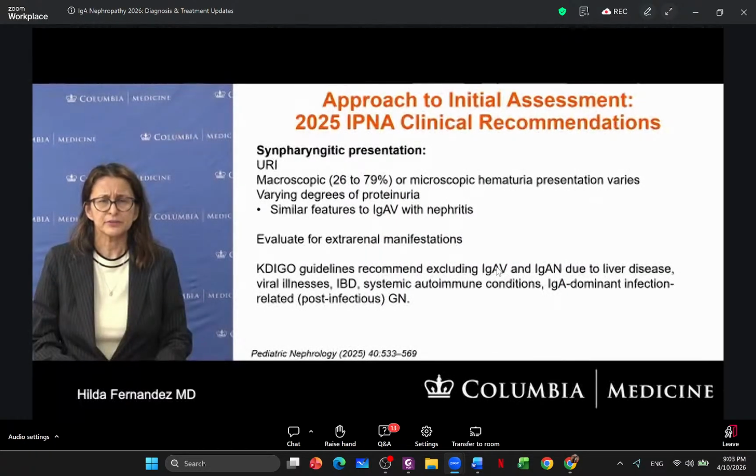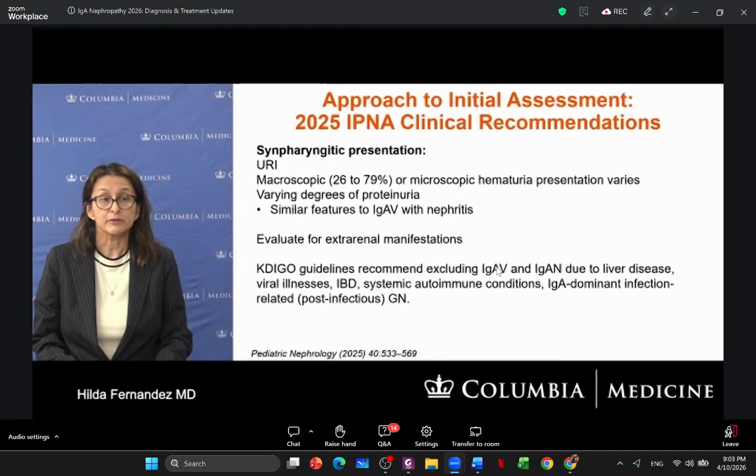So in addition to the usual approach to evaluating a patient for any kind of nephritis, the family history, anybody else with kidney disease, history of any hearing loss, any other issues that might be going on, you have to also take into account the type of presentation that they have.